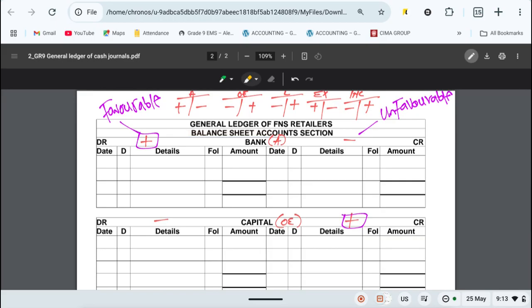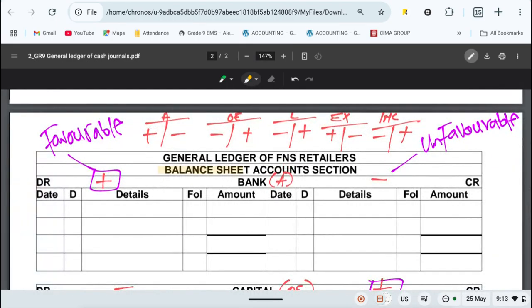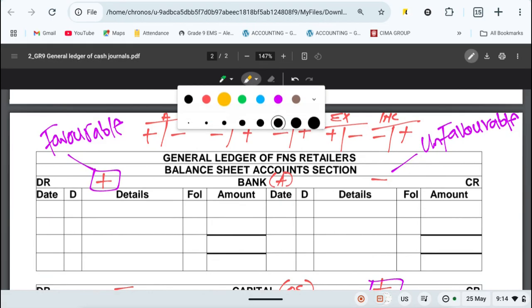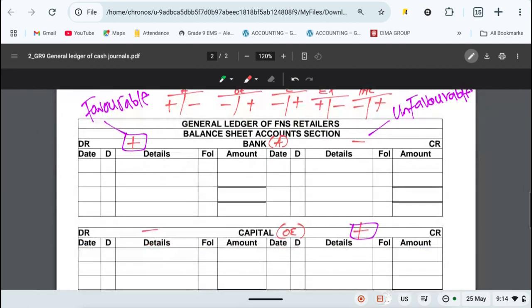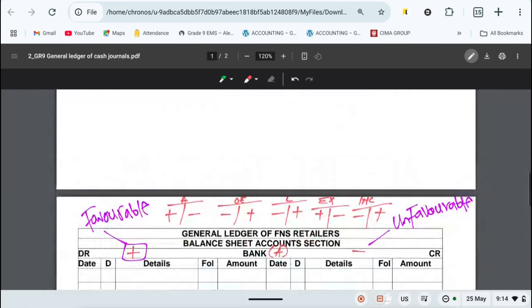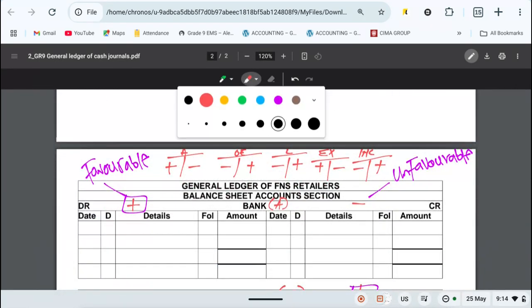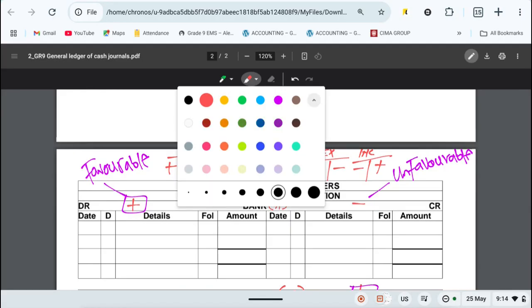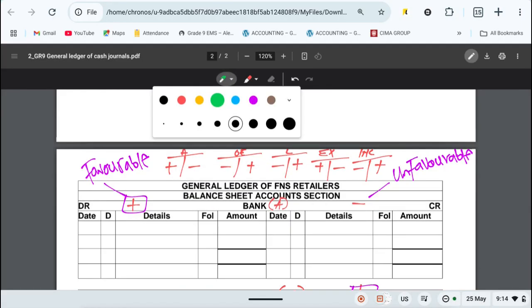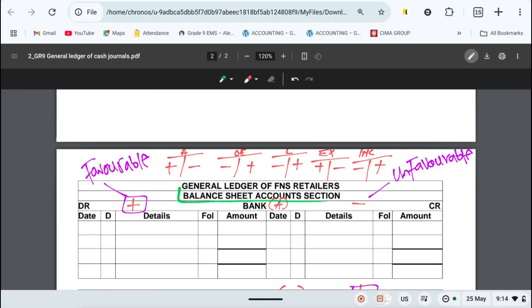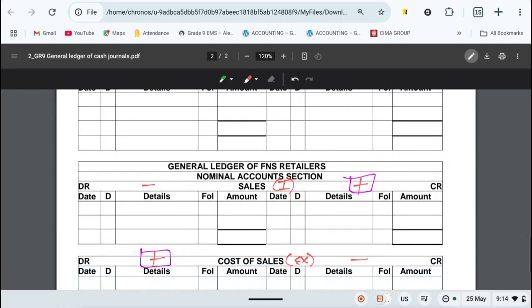This is the balance sheet account. And we also have nominal accounts.